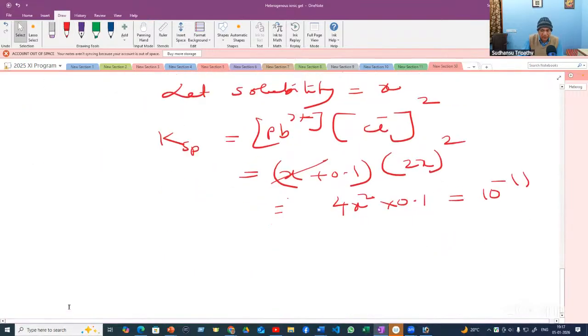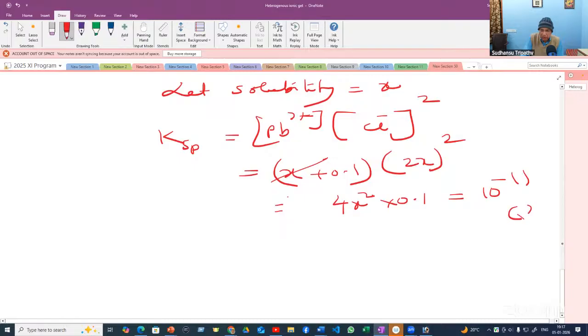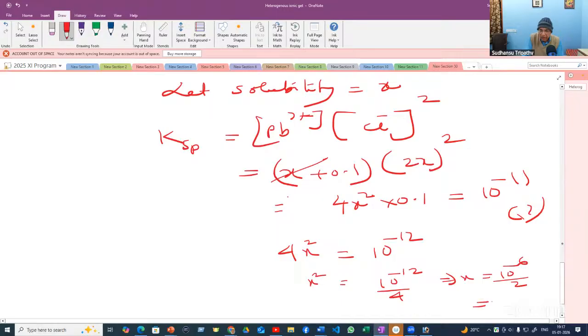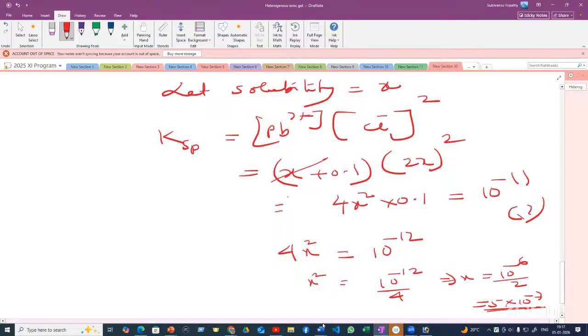I'm just giving a fictitious value, it will be given to you. So 4X^2 equals 10^-12, X^2 is equal to 10^-12 by 4. So X is equal to 10^-6 by 2. So it is 5 into 10^-7. So this is the solubility.